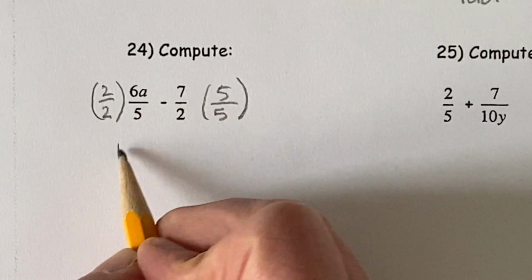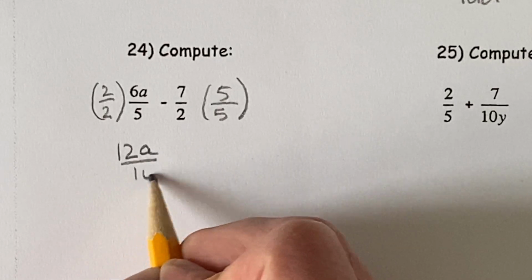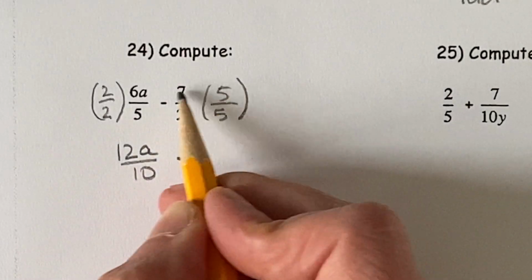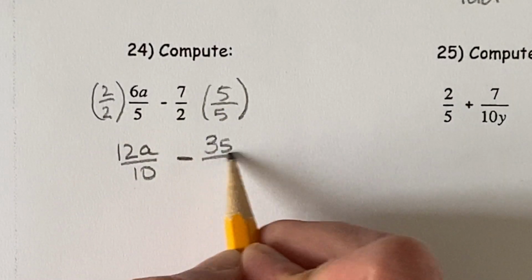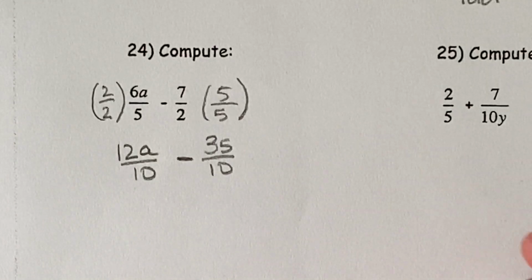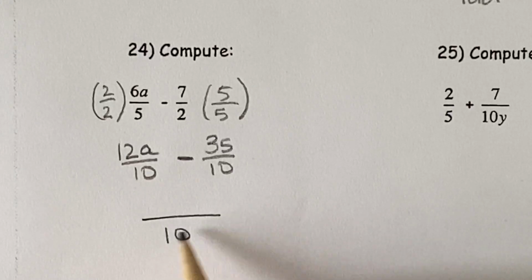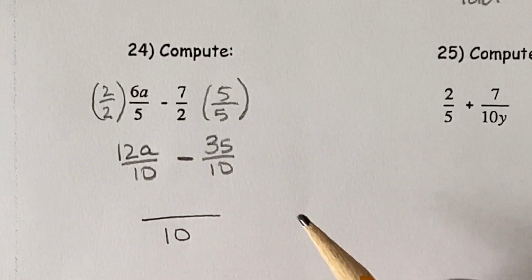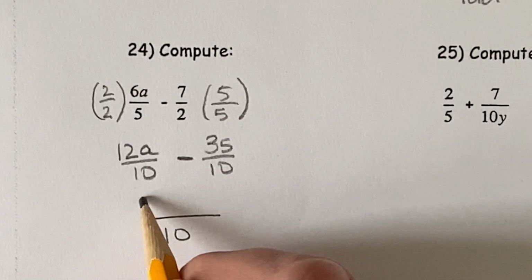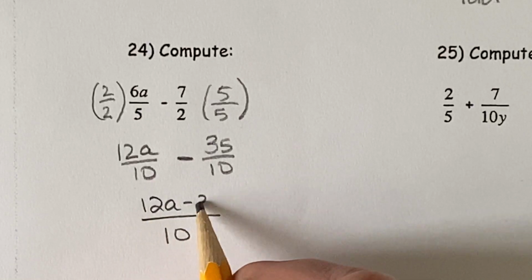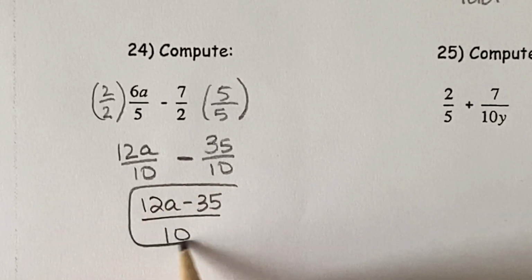This numerator becomes 12a over 10. This numerator becomes 35, and it's also over 10. My common denominator is 10, and my numerator is a binomial of 12a minus 35.